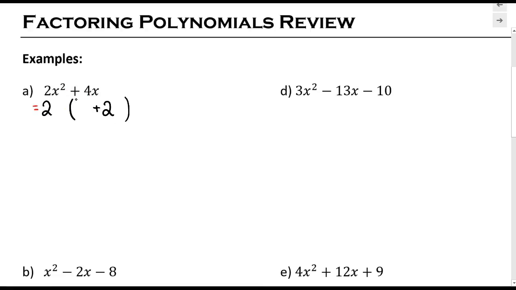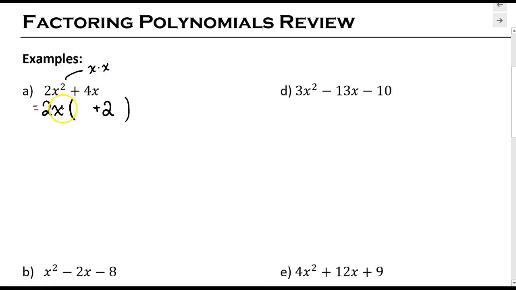Then I look at my variables, and x is present in both terms, which means I can factor out x. In this case, I can only take about 1x because there's only 1x present in my second term. X squared divided by 1x, or if you think about it as multiplying, x squared is the same thing as x times x.